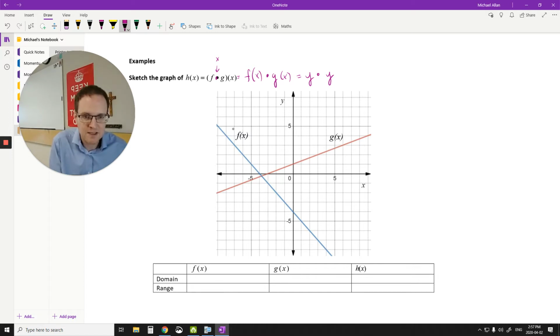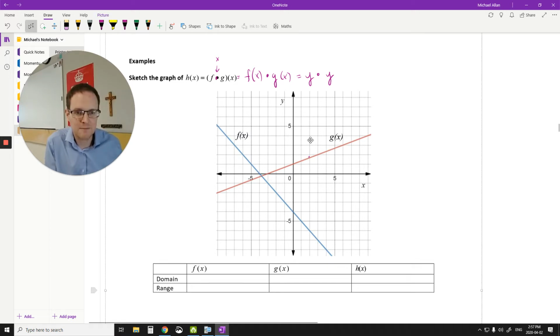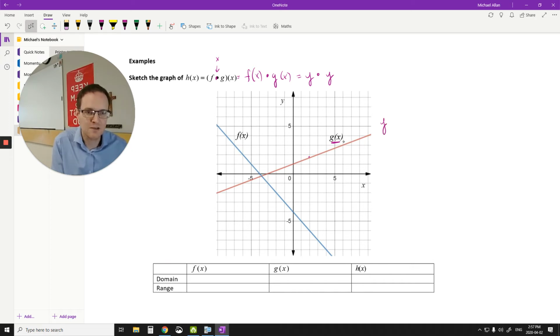So the equation for g of x here, let me do it. Okay, so the equation of g of x, if I make it into the form y is equal to mx plus b, the slope is 1/3 x plus 1.